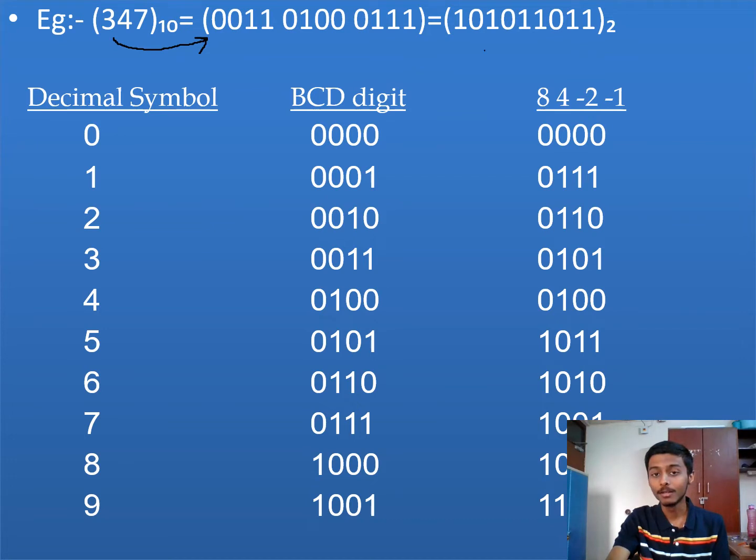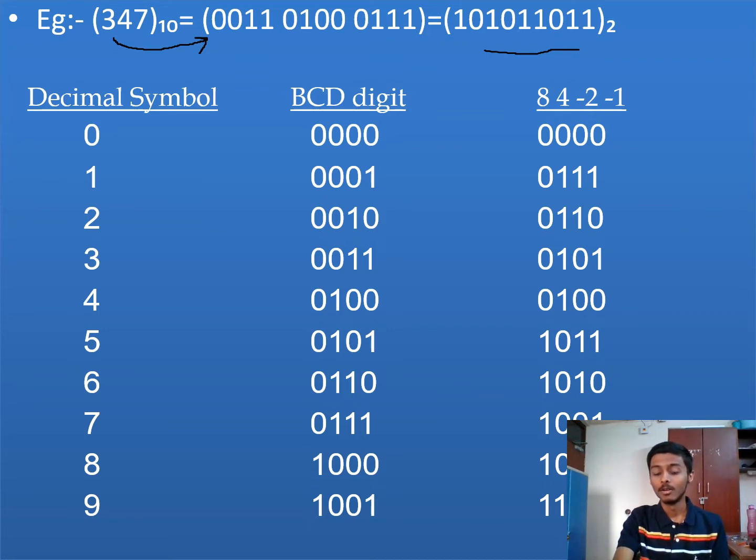And beside it is written the binary form of 347, just to show that the BCD form and binary form are two different things, although both contain 0 and 1. I have also drawn a table with the decimal digits and their equivalent binary digits. So you can see 0, 1, 2, 3, all decimal symbols and their equivalent binary digits.